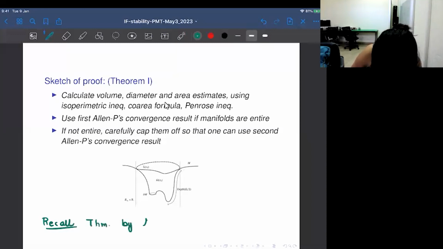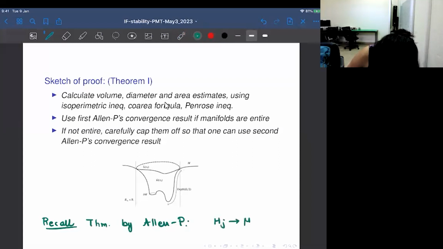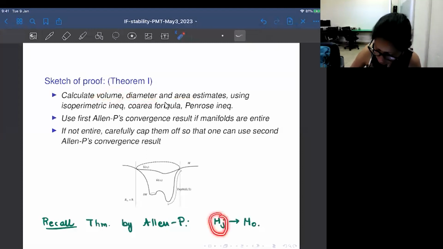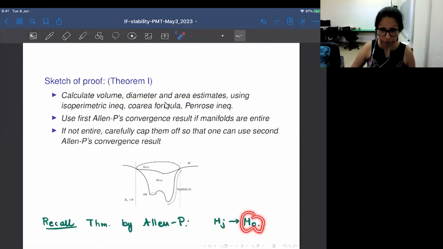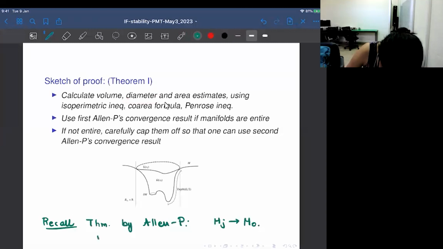by Allen and myself, okay? So we want to use this theorem. This theorem ensures that a sequence MJ converges to M0, provided we have diameter bounds, area bounds, and the volumes of these manifolds converge to this manifold.